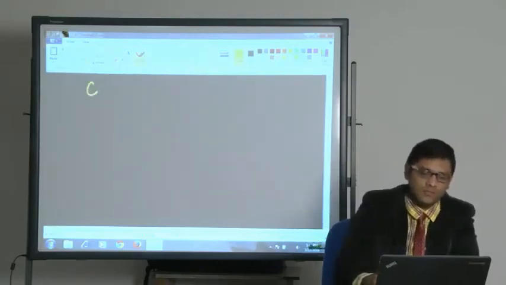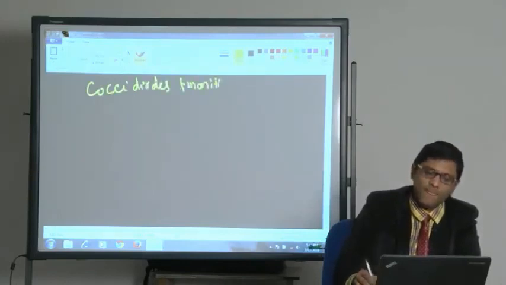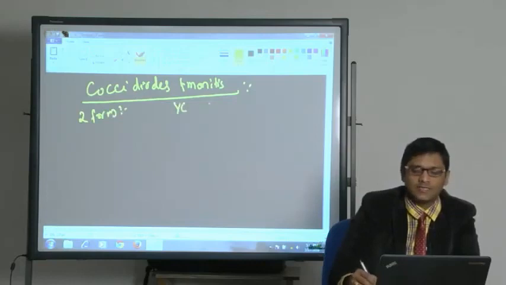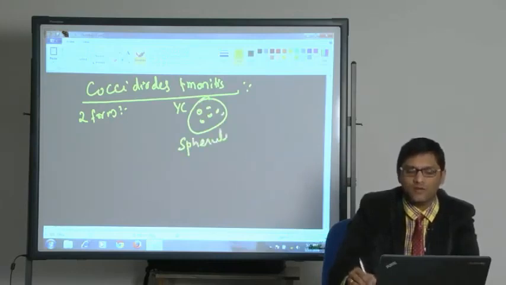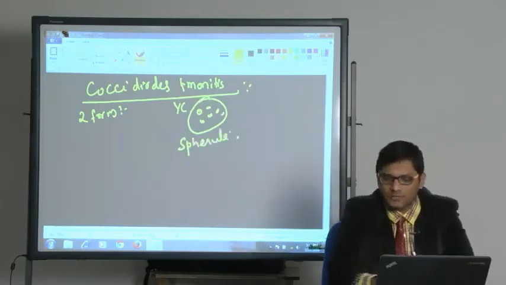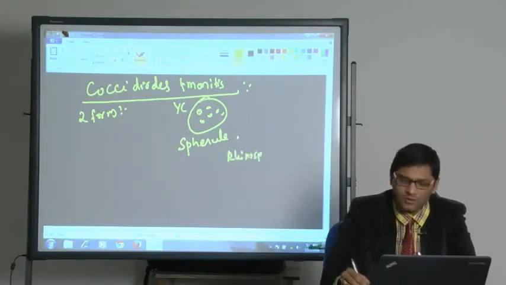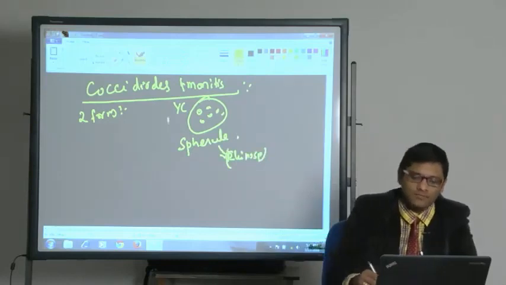Coccidioides immitis. Here 2 forms are seen. The yeast form is described as a spherule, filled with numerous endospores. Spherules, as we discussed earlier, are also seen in rhinosporidiosis.